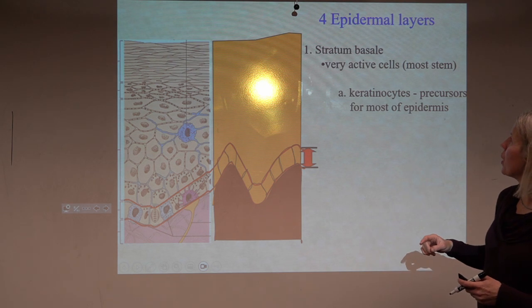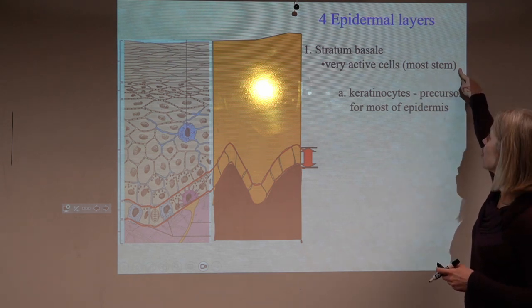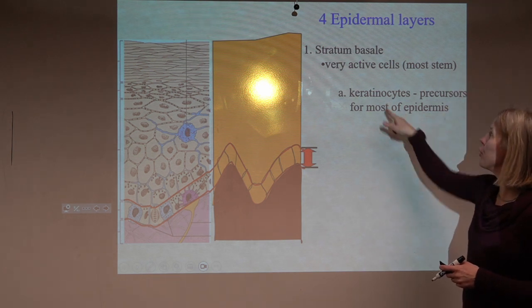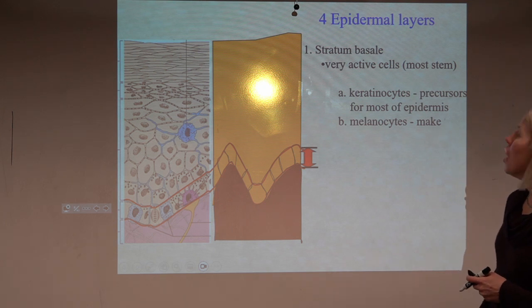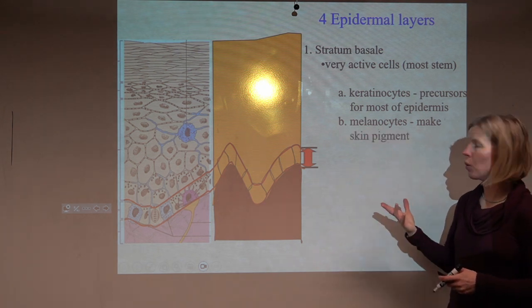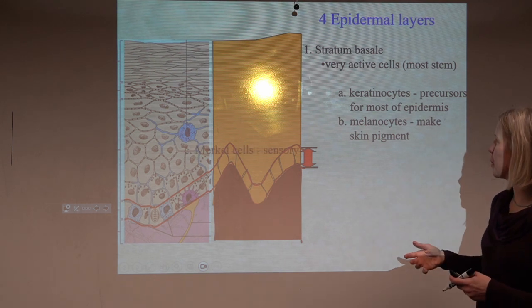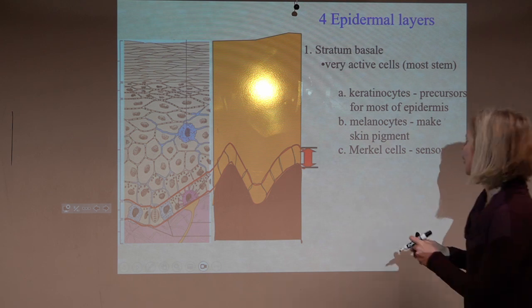Again, at this point, we have a lot of stem cells, cells that are actively undergoing mitosis to produce more keratinocytes. Okay. Also in the stratum basale, we have those melanocytes. Those are the ones making brown skin pigment. And there we go, got to switch that to tactile cells.